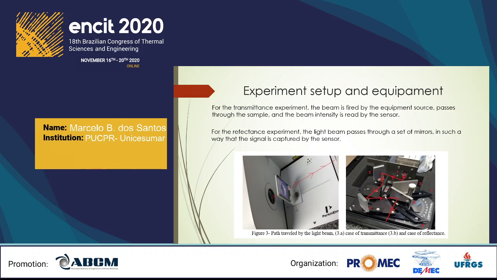Figure 3.B shows the problem that we have a reflectance of the material. Figure 3.B shows the paths of the ray through the equipment to analyze how the material reflectance properties will behave.